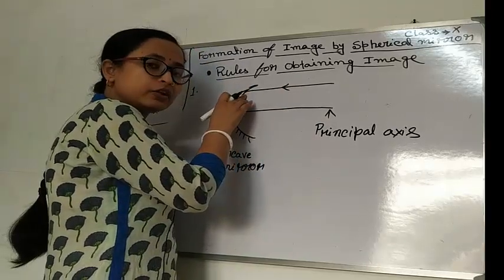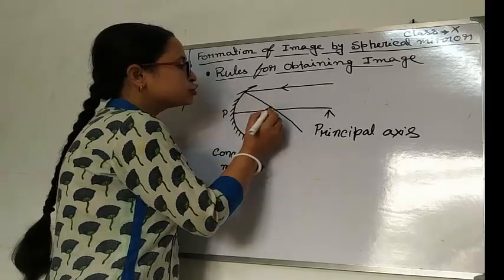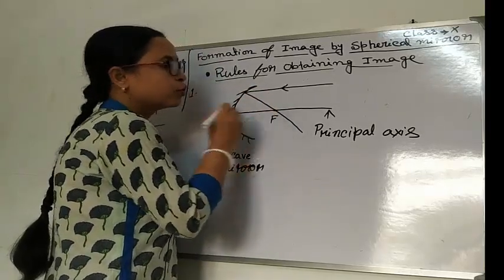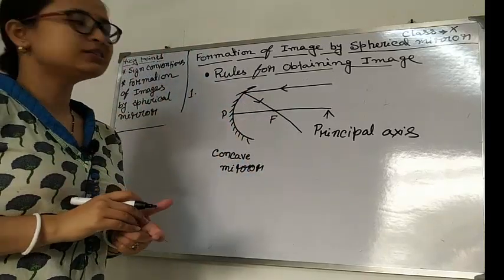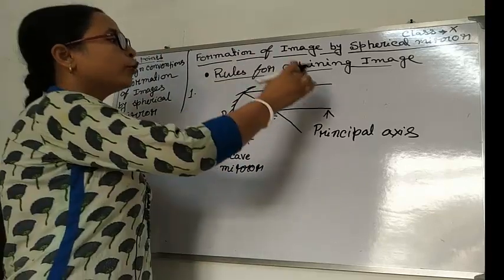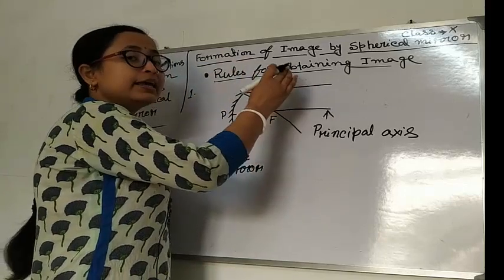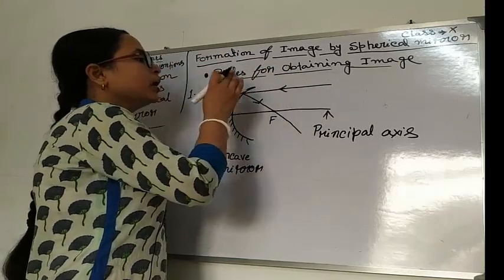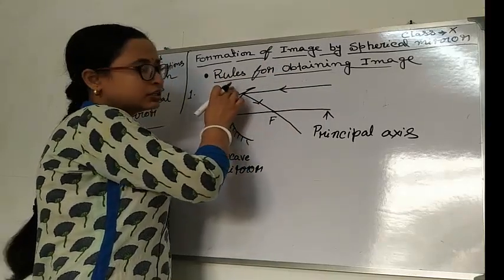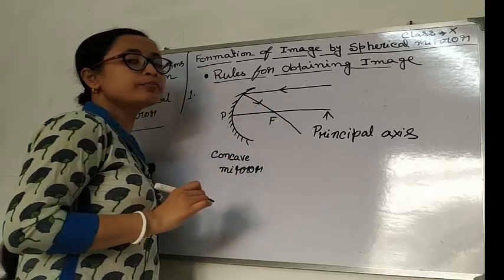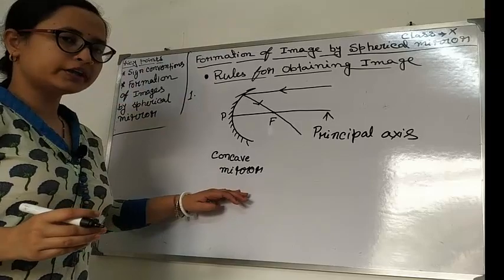After getting reflected from the concave mirror, it always passes through the principal focus. So this is the first rule for obtaining the image from a concave mirror. What is the first rule? Whenever a parallel incident ray is incident on the mirror, after reflection it will always pass through the focal point, or you can say the principal focus. So it is for concave mirror.